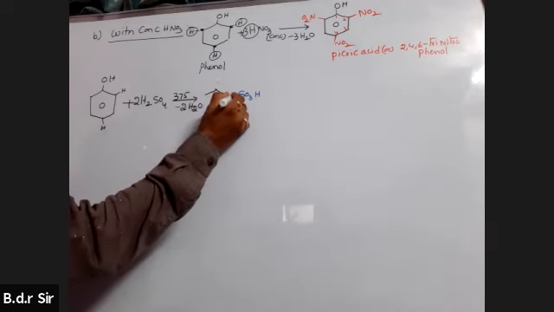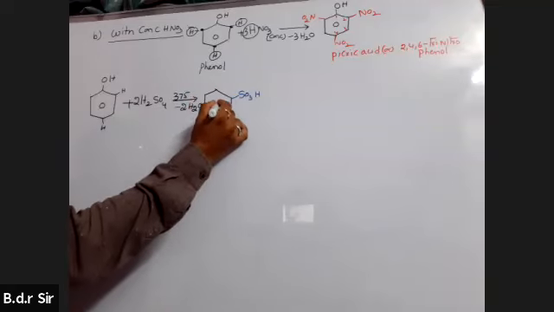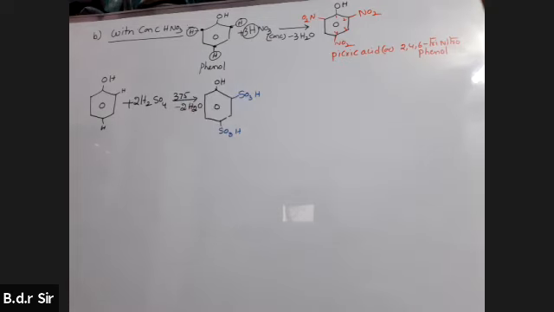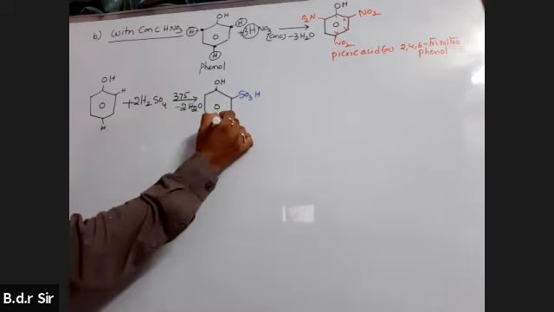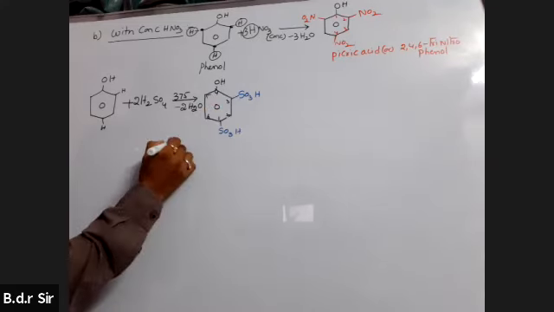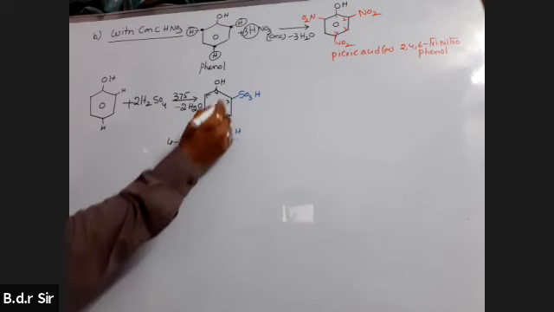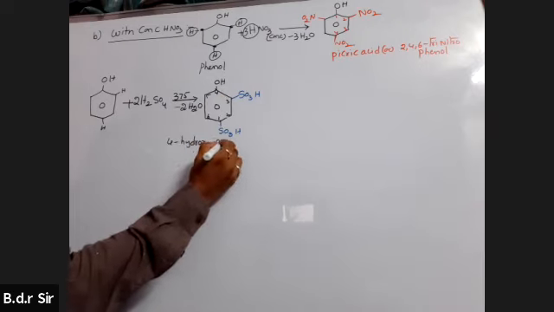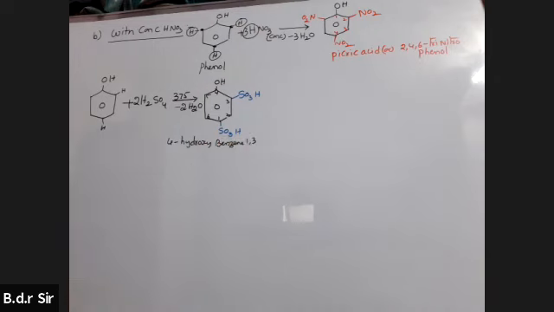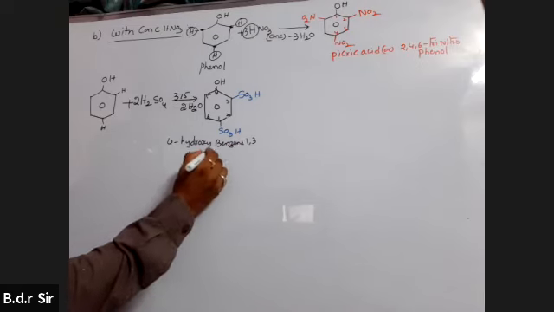Observe the structure of phenol. What is the name of this compound? 1, 2, 3, 4, 5, 6. 4-hydroxybenzene-1,3-disulfonic acid.